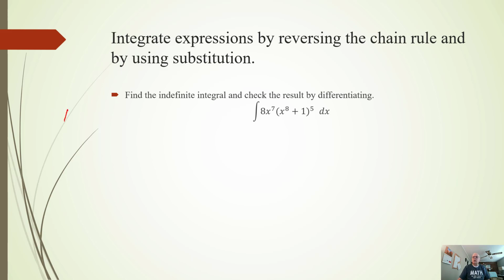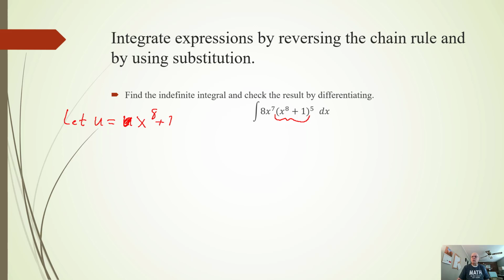And first, to set up our substitution, we're going to set u equal to x to the 8th plus 1. That's because this is a major component of this integrand.